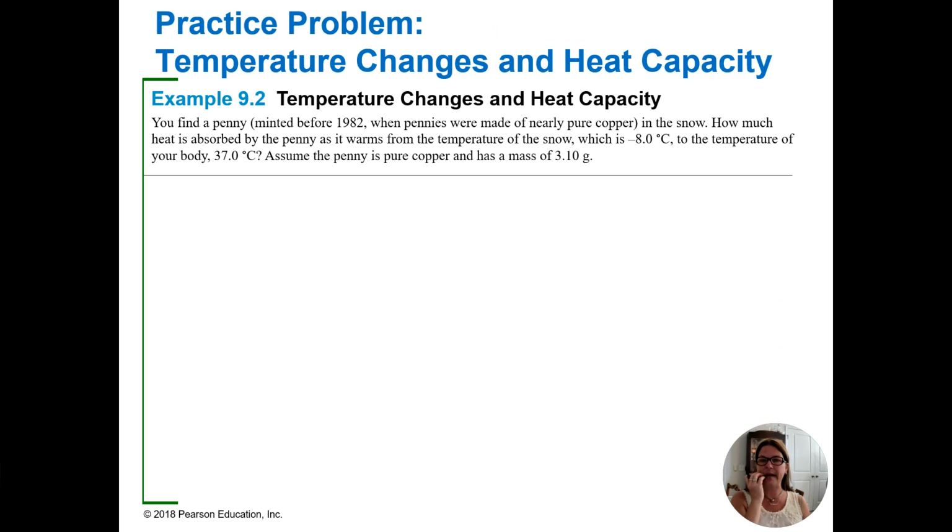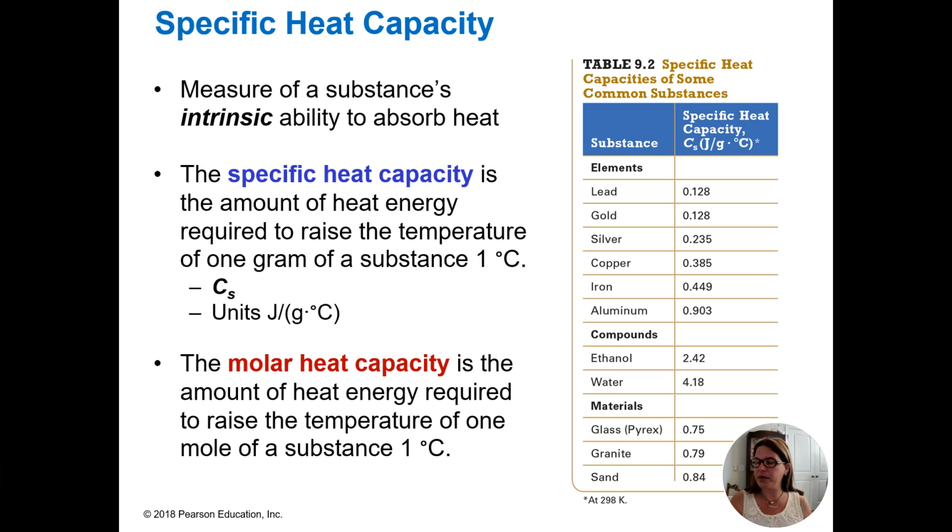So let's look at this example. If you find a penny minted before 1982, when pennies were made of nearly pure copper, in the snow, how much heat is absorbed by the penny as it warms from the temperature of the snow, which is -8 degrees Celsius, to the temperature of your body, 37 degrees Celsius? Assume the penny is pure copper and has a mass of 3.10. Now, we're going to look at two things here.